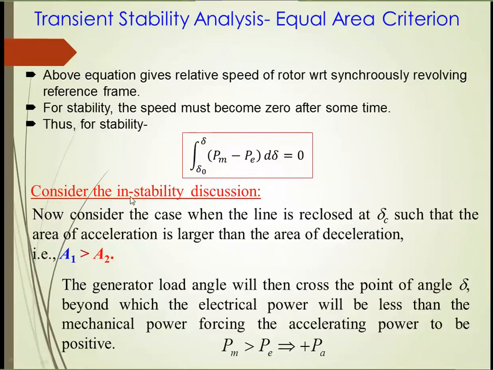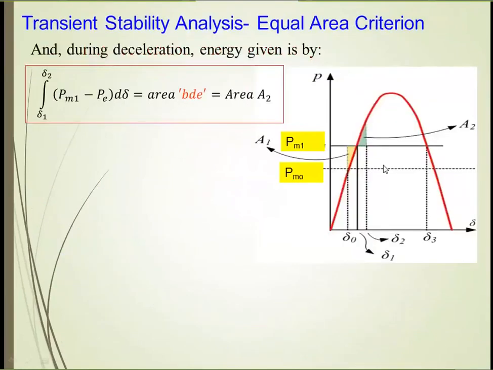Now, if you go to the previous slide, as I said, if I have this line shifted to this side, let's say I have it here somewhere, that means the rotor angle has increased to an extent somewhere here. Then what will happen? Let's say it has increased to this one.